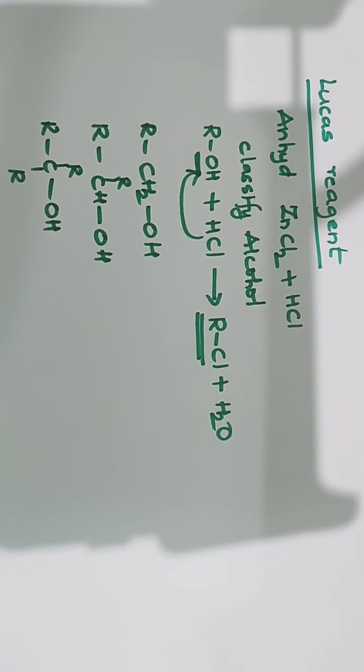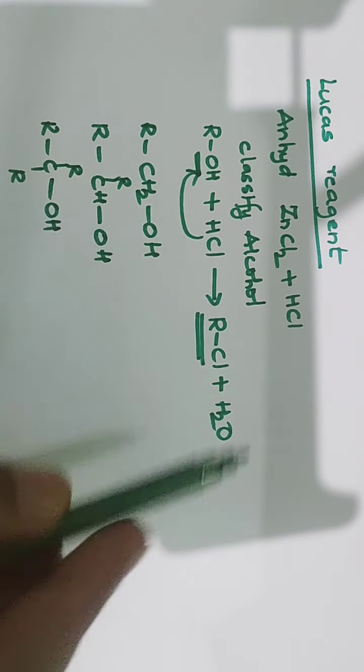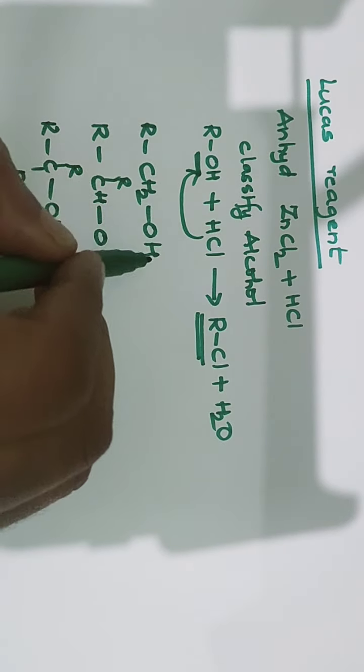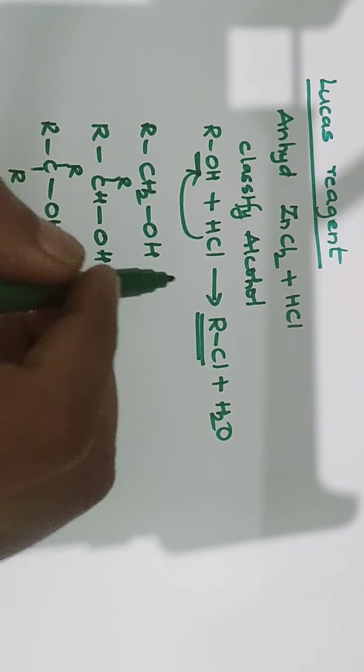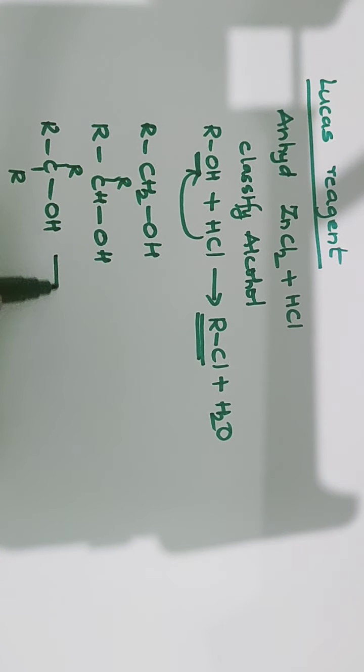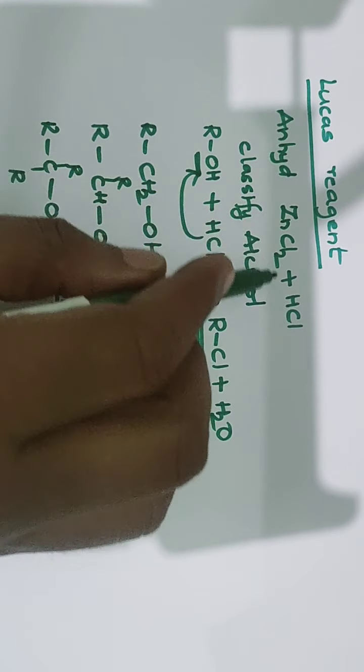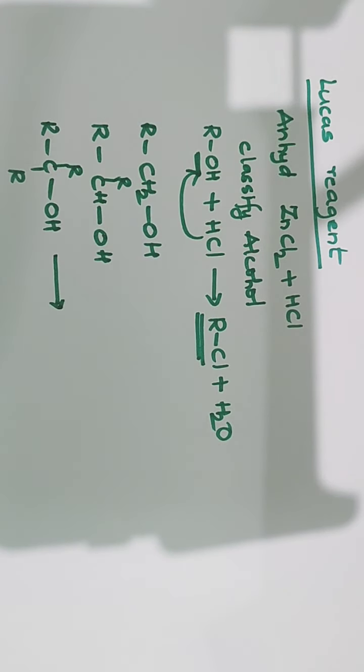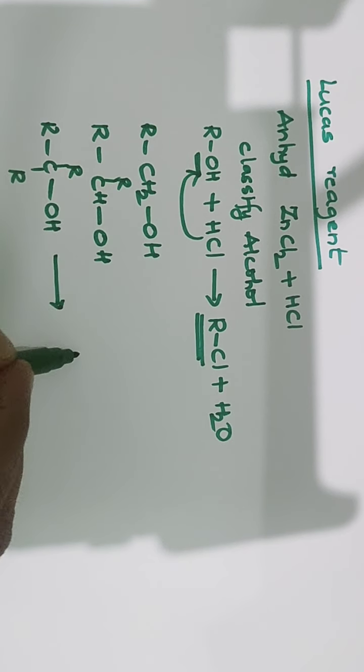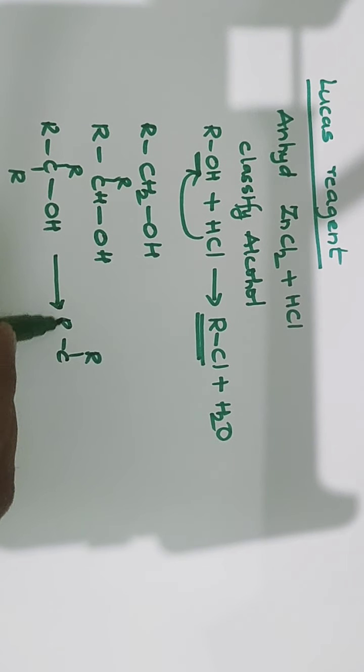Whenever alcohols are treated with HCl in presence of ZnCl2, first the protonation of OH takes place and loss of H2O takes place, resulting in the formation of carbocation.